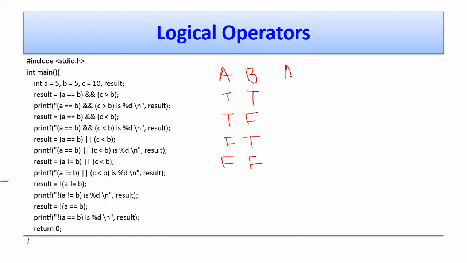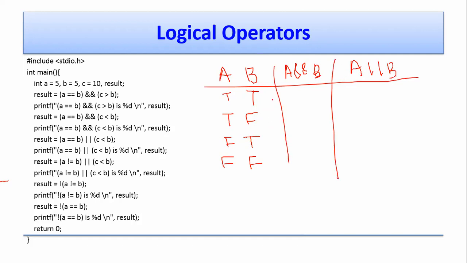Here A AND B, and the next one is A OR B. If it is the AND operator, what are the outputs? If both are true, the output is one, and one means true. Here one is true and the other is false.